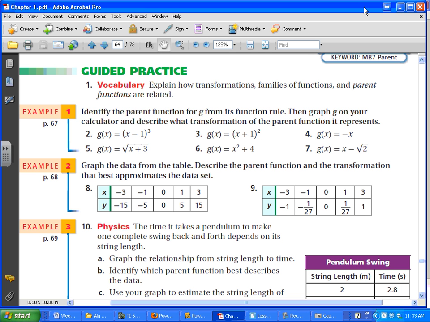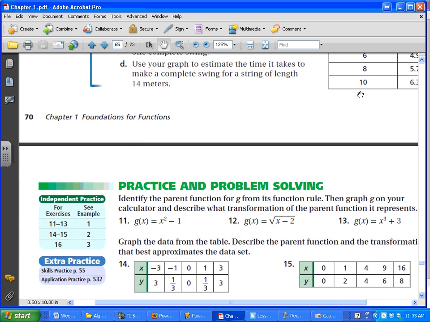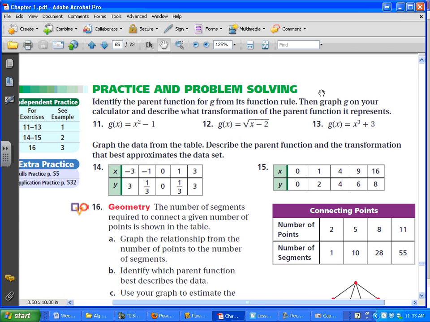Did it go up or down, left or right? Did it stretch it out vertically or compress it vertically or horizontally? Okay? So your assignment is going to be to do 8, 9, and 11 through 15. 8, 9, 11 through 15.